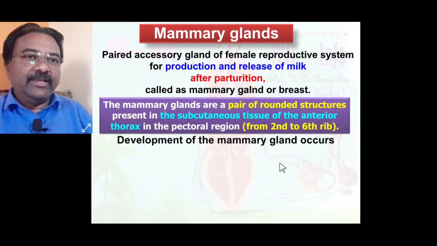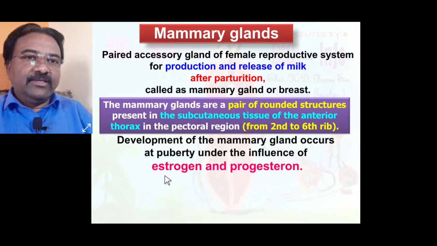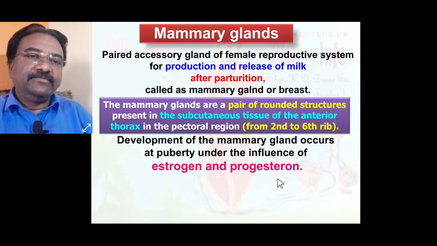Development of the mammary gland occurs at puberty under the influence of estrogen and progesterone. You know that both hormones are ovarian hormones. Both hormones act on the mammary gland to fully develop it for the functions of milk production and release.